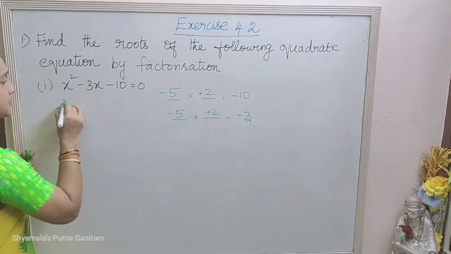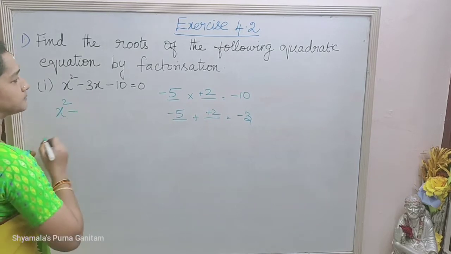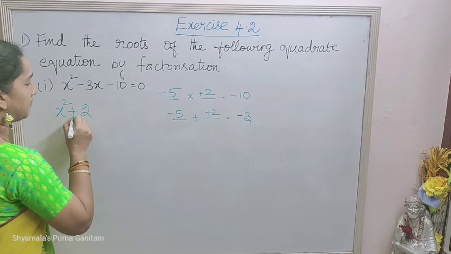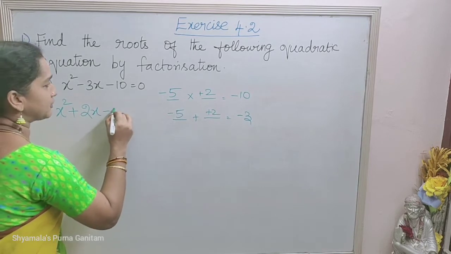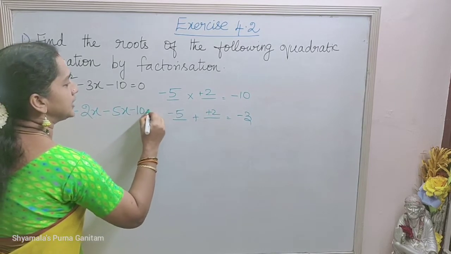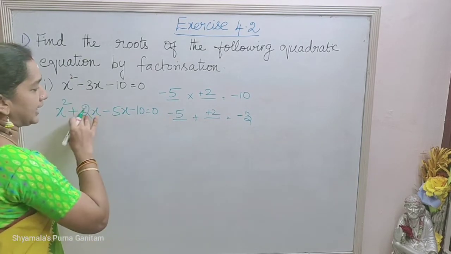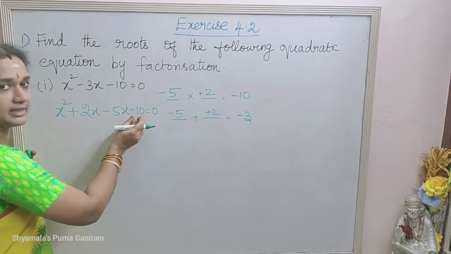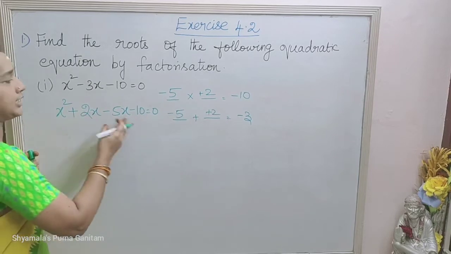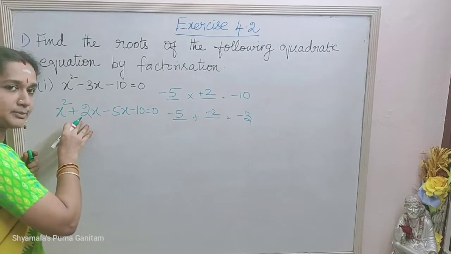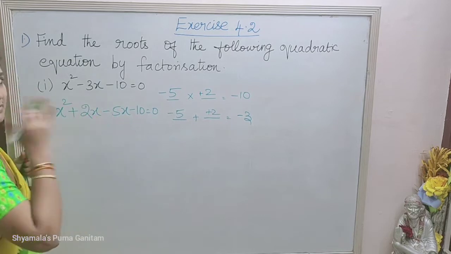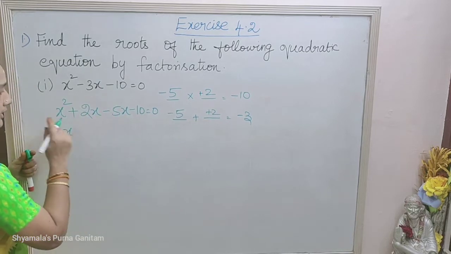So we will substitute it here: x squared plus 2x minus 5x minus 10 is equal to 0. You can write it as minus 5 and plus 2 or plus 2 and minus 5, either way.